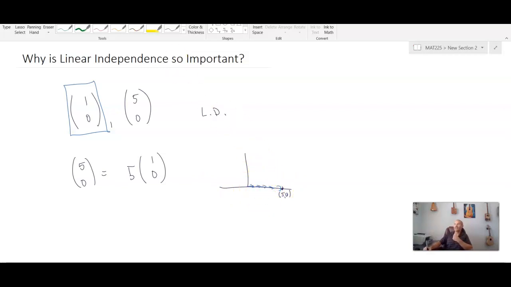What this also means is that if these were vectors that were part of an A matrix, [1, 5; 0, 0] times (x, y), and let's just say I wanted to make it to some other location. Let's say there's a location here, (3, 17), that I want to be able to make it to. So effectively, I'm going to be solving this system of equations right here. 1x plus 5y equals 3, and 0x plus 0y equals 17.